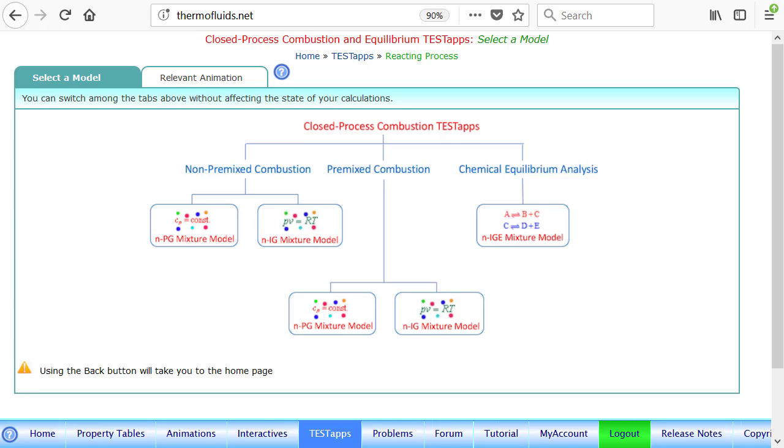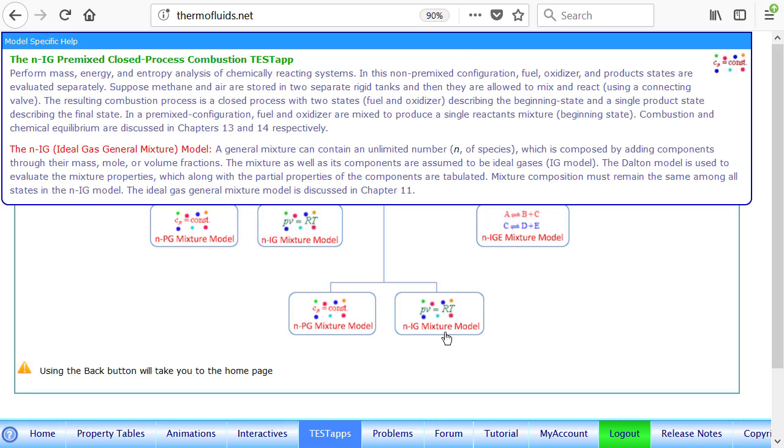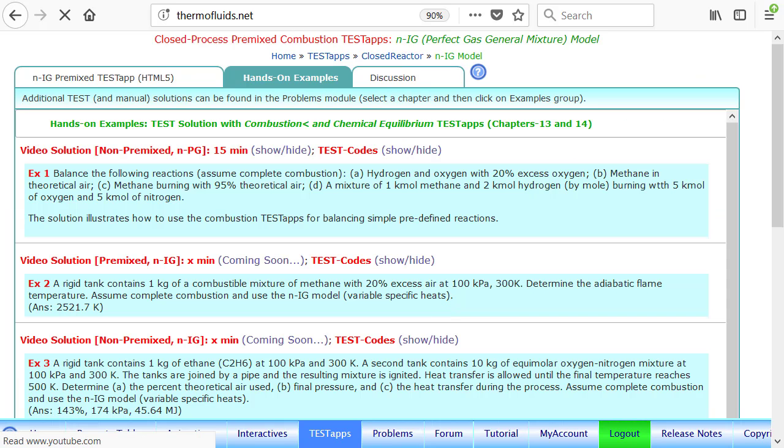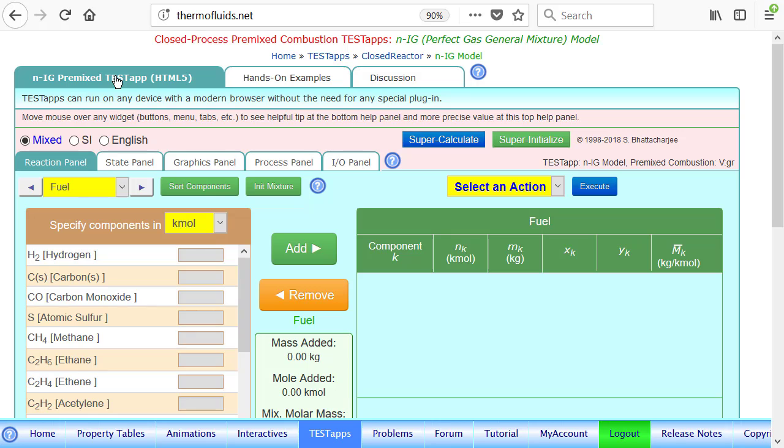In this case, of course, we'll have premixed combustion because these two tanks, fuel and oxidizer, will first mix and then they will react. If Cp and Cv are variable, then we launch the IG model, the ideal gas model.